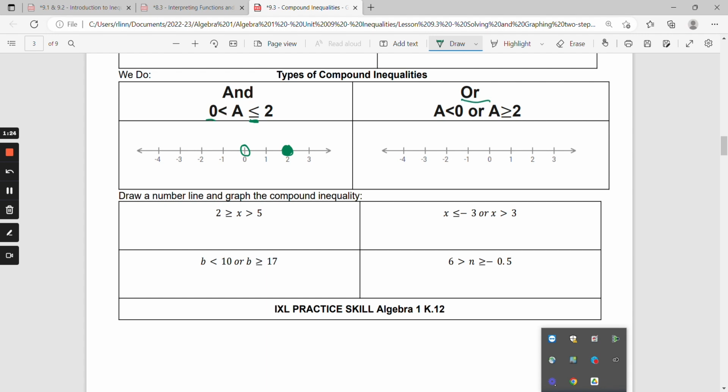Our "or" inequality, we're also going to find our numbers, and we're going to go ahead and circle them. And then just like in our "and" inequality, we're going to fill in that 2 to make it a closed circle because 2 is potentially part of our solution. Now the difference is when we have an "and" inequality, it's just going to be a range in between those two numbers.